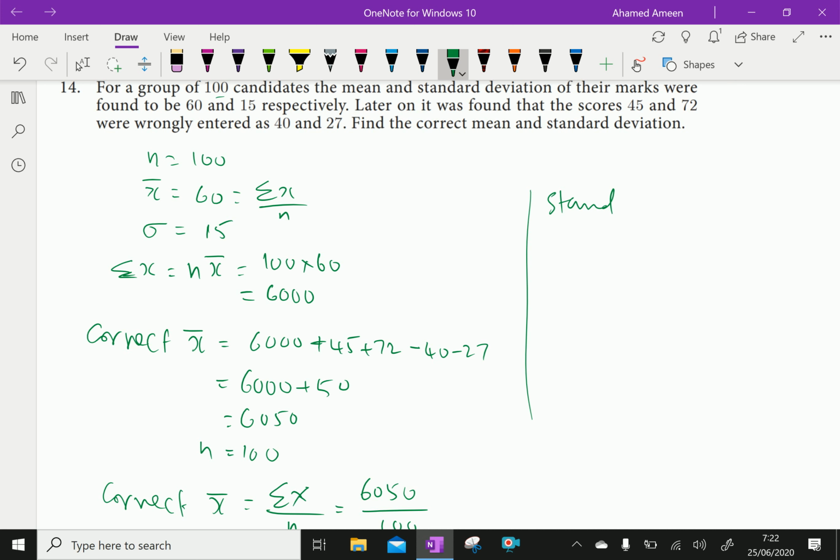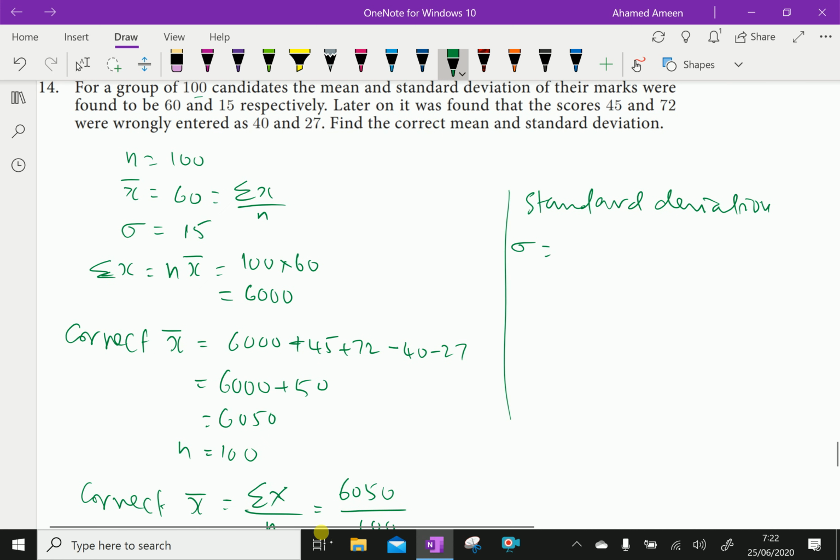The old standard deviation sigma, the formula is square root of sigma x square over n minus sigma x over n the square.